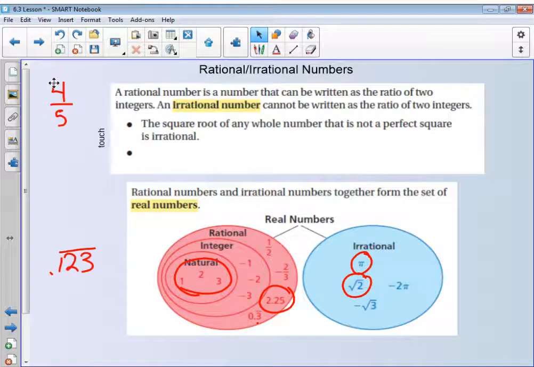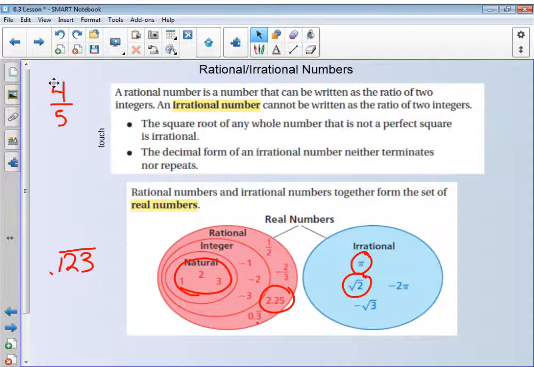Okay, the square root of any whole number that is not a perfect square is irrational. And we already discussed that, like the square root of 2. Also, the decimal form of an irrational number neither terminates nor repeats. So those decimal forms of irrational numbers are those ones that I said to you earlier, continue forever. So pi continues forever.